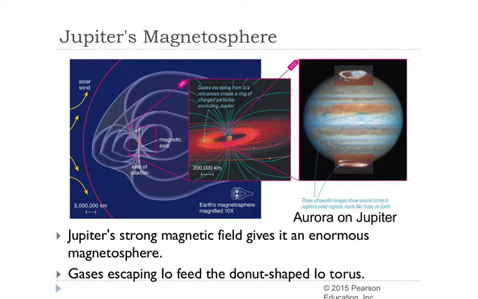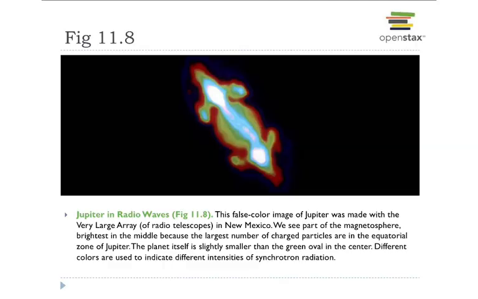They travel along that magnetic field and enter at the poles, creating some remarkable auroras on Jupiter at both poles. Here's an image in radio waves, and we can see the magnetosphere. It is extremely large, getting carried out, and we can see activity at both the North and South Pole.